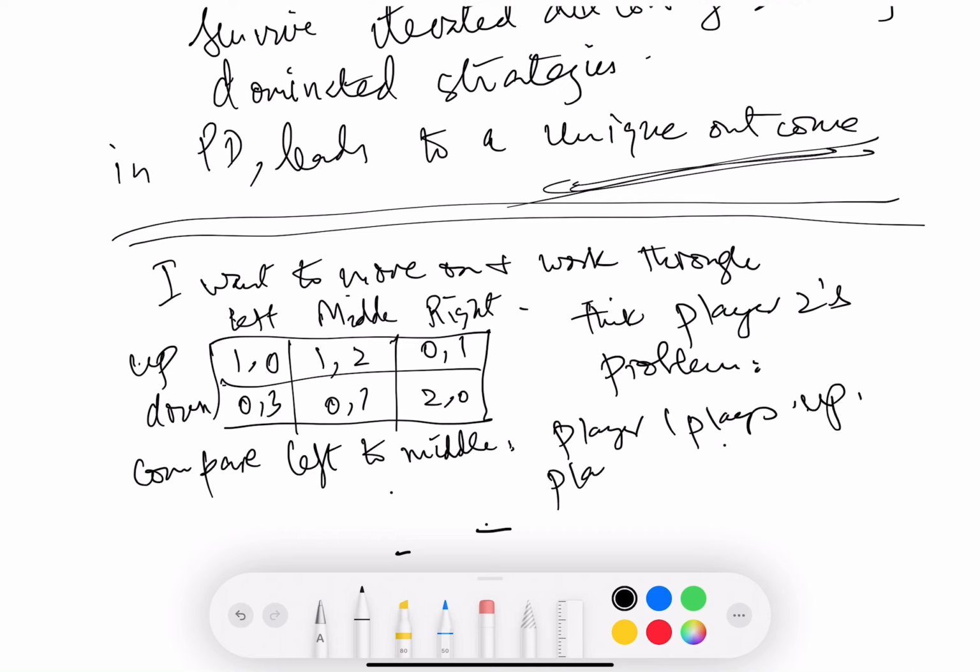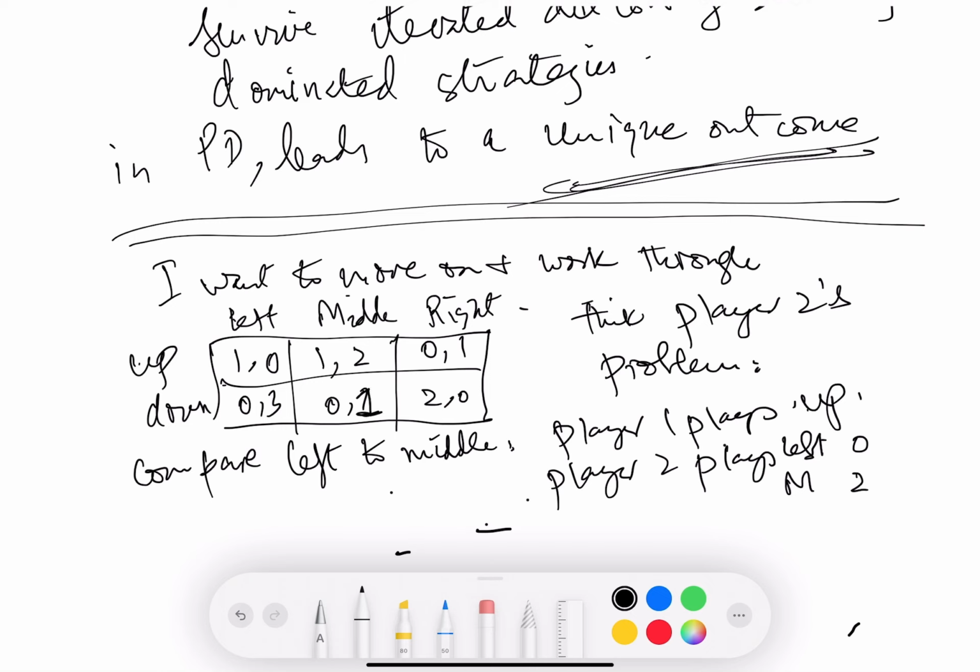Player 2 plays left, gets 0. Player 2 plays middle, gets 2. This is 1, by the way, not 7.